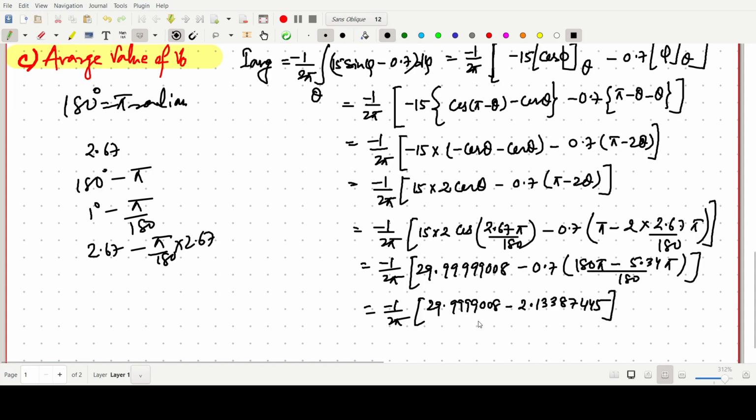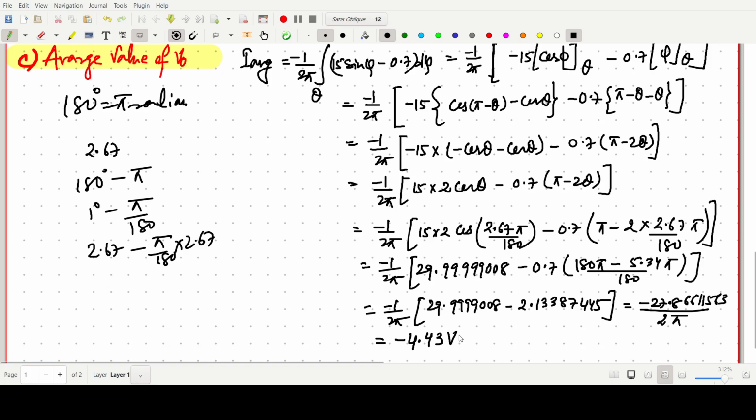Then if we solve this one, it will come minus 27.86611563 divided by 2 pi. And if we finally solve, it will come minus 4.43 volts.